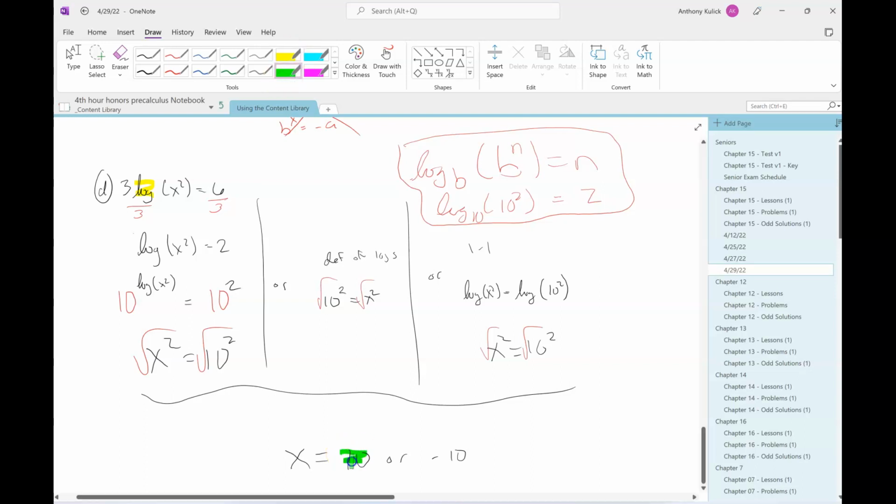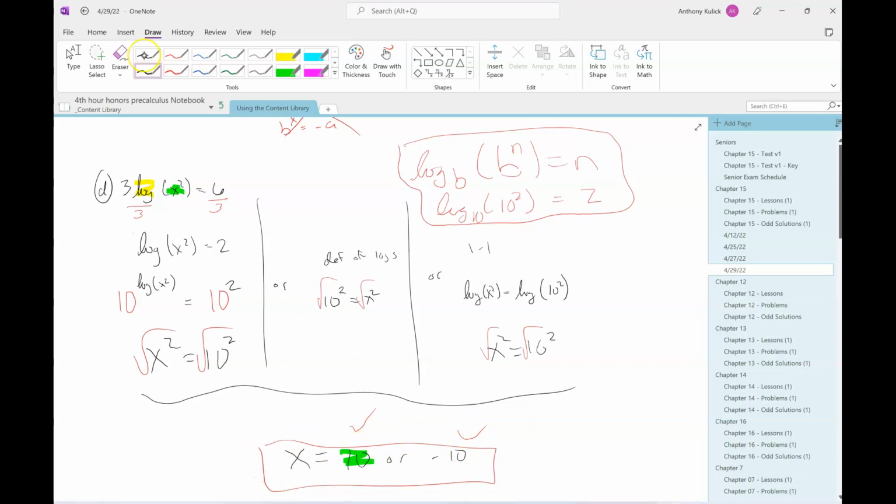All I need to do is take my value, plug it into x in the original equation, and make sure the thing inside the logarithm is positive. Negative 10 could be the answer because it's squared. So both of them check out. We happy with that?